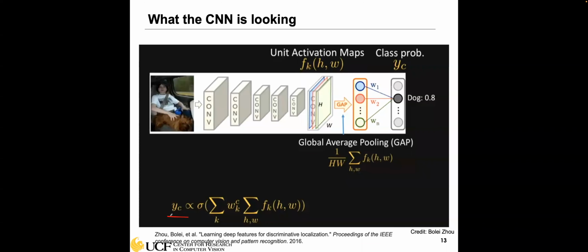So for the outcome, if you predict the Cth class, Y^C indicates the probability of the Cth class, and it is proportional to this global average pooled value multiplied with the weights. This is just the sigmoid function to map into the range of 0 and 1. So it's proportional to this value here. Because of the linearity, we can rearrange the summation, so you have this w_k^c f_k together with the summation.